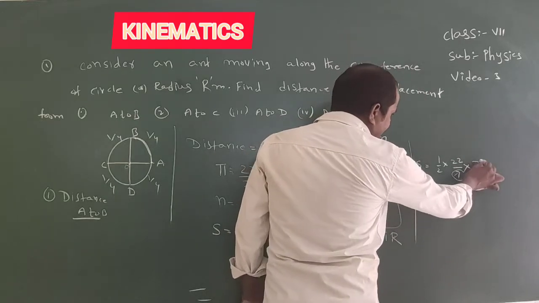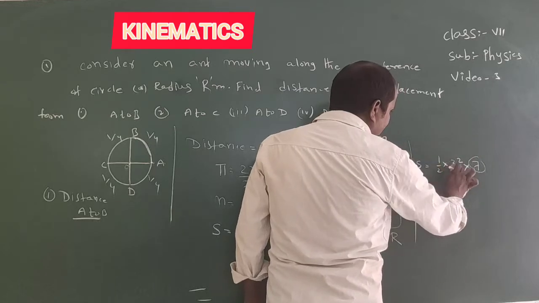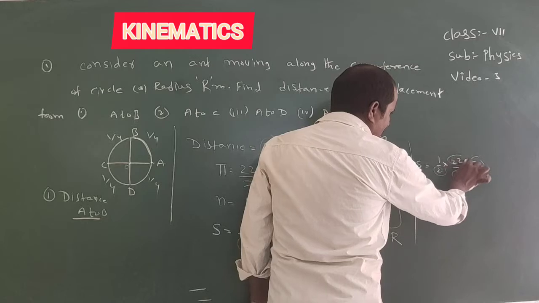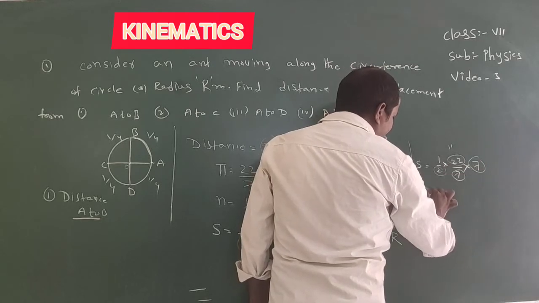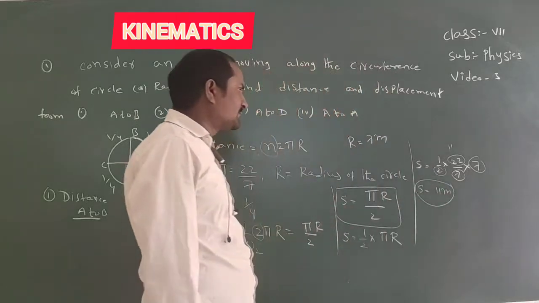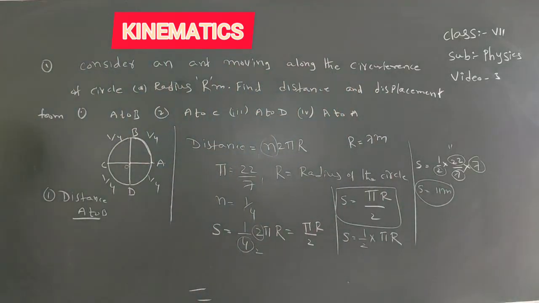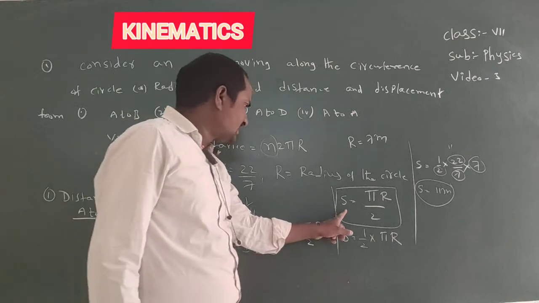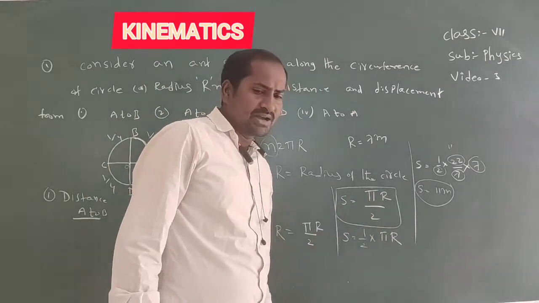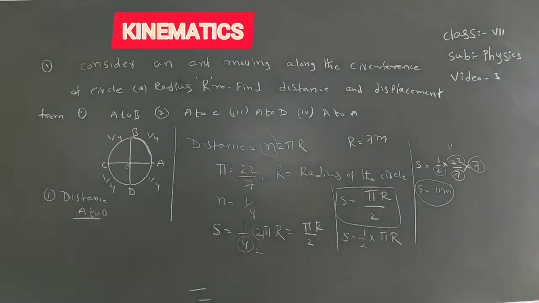The 7s get cancelled. 1 into 22 by 2, 2 ones, 2 elevens. Therefore, distance is equal to 11 meters. It is the process if the radius is given. Without the radius, distance equals pi r by 2 if a body is moving in a circular path from A to B.